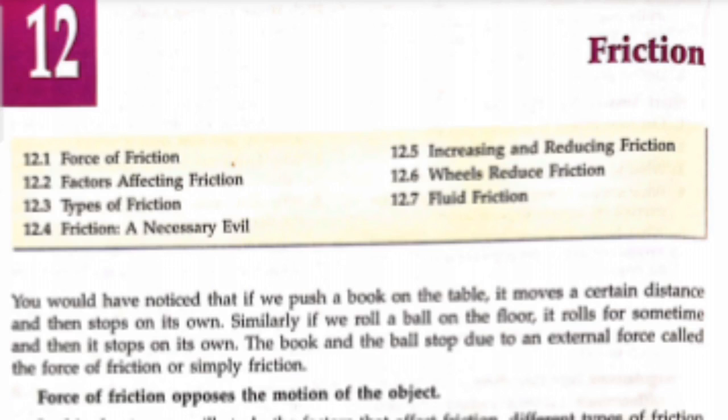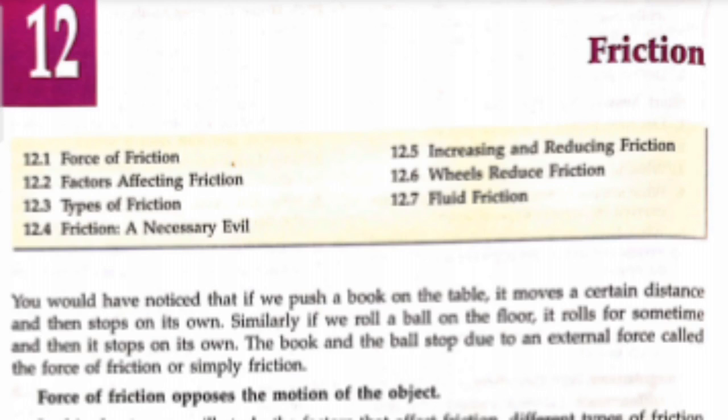And what can force do on an object? Force can do various things on the object. It can change the shape of the object, it can change the size of the object, and it can also change the speed or the motion of the object.